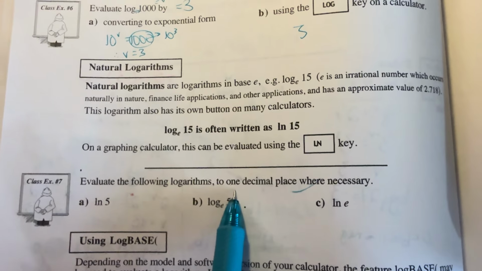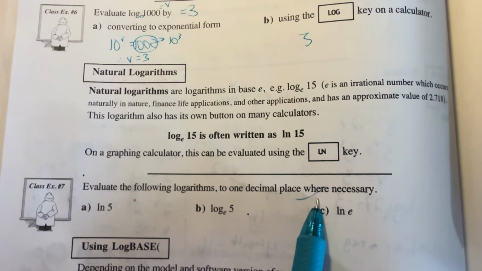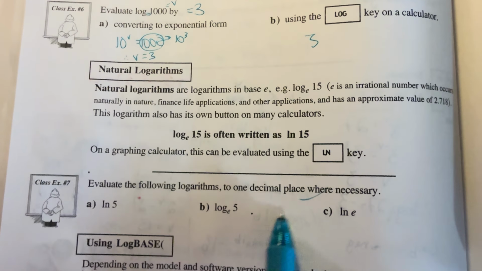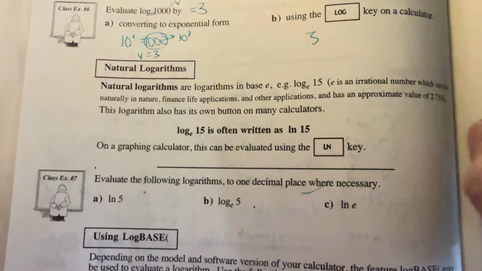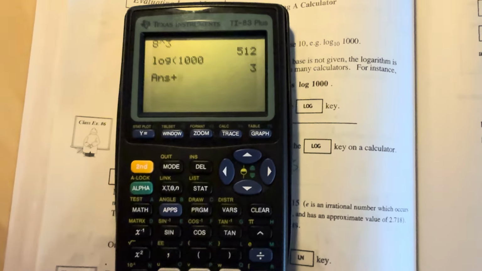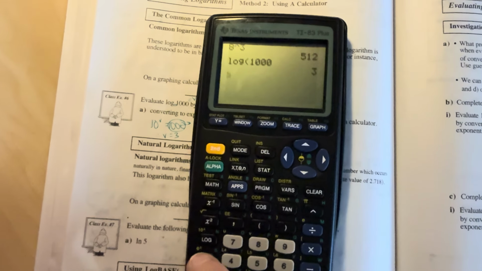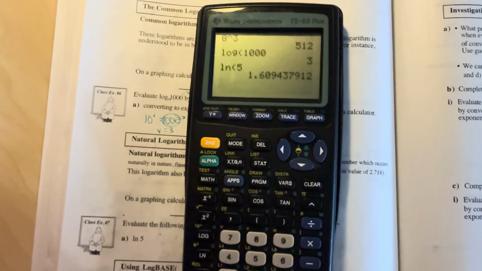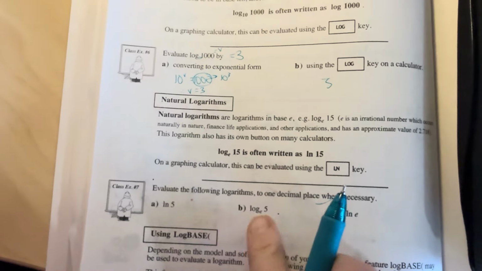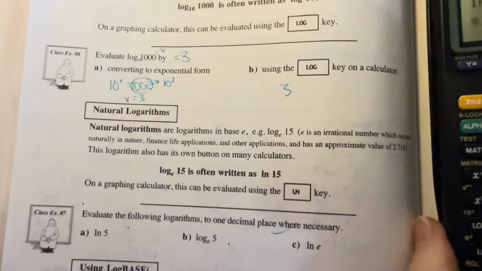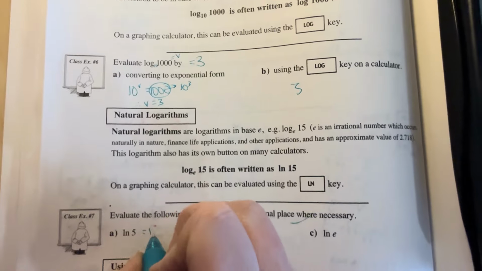Evaluate to 1 decimal place where necessary. Let's put it to the side. ln of 5 is equal to 1.6. It said to 1 decimal place, so 1.6.